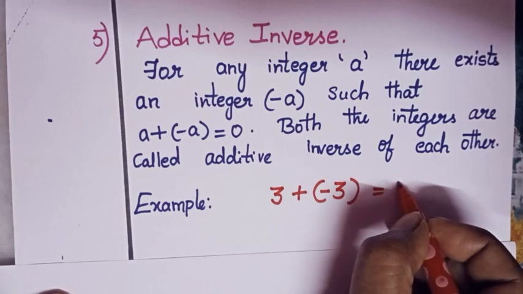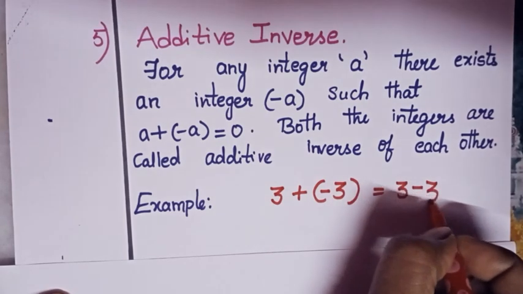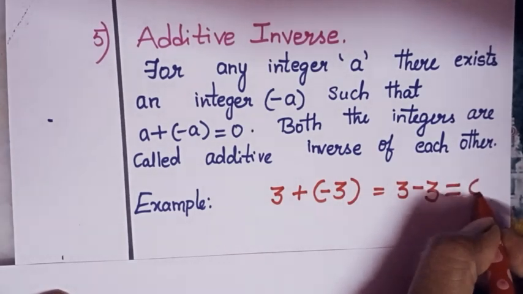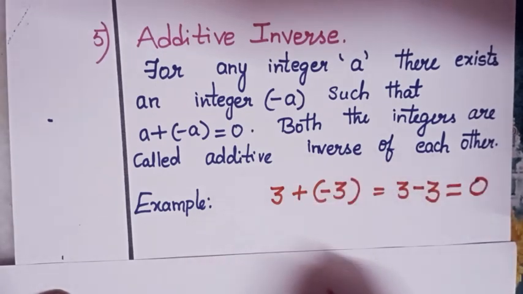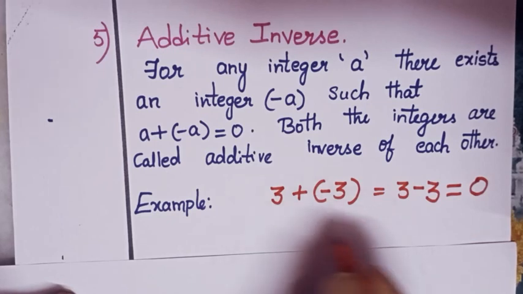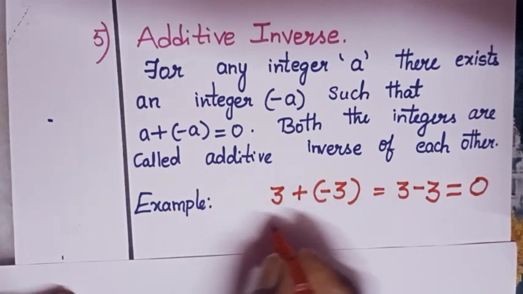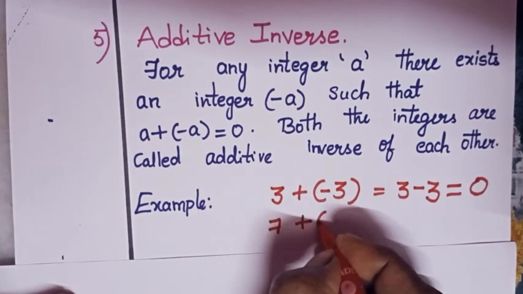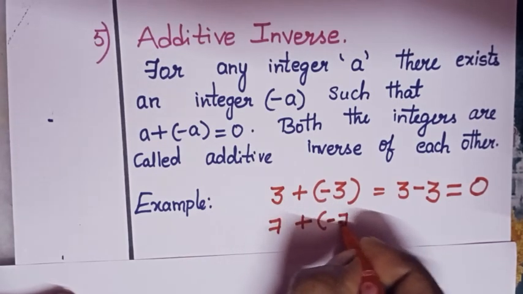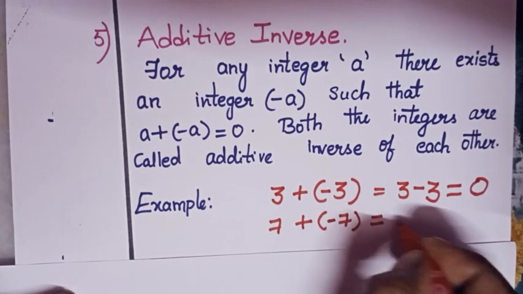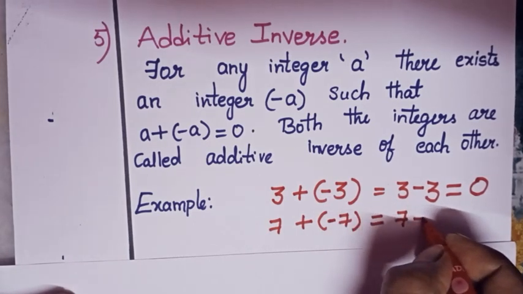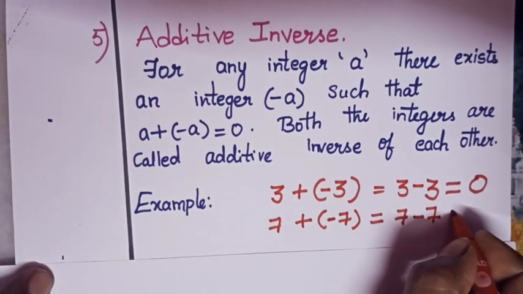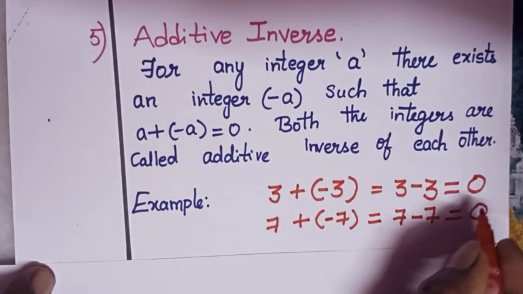So plus minus, that is 3 minus 3. So we get the result as 0. Suppose one more example, let us take, children. 7 plus minus 7, that is 7 minus 7, which equals 0.